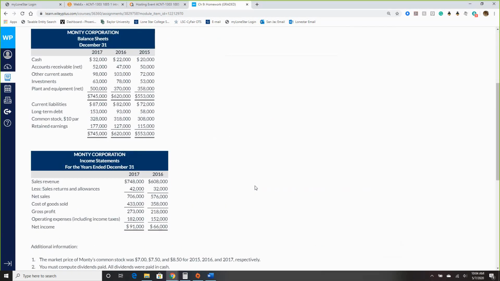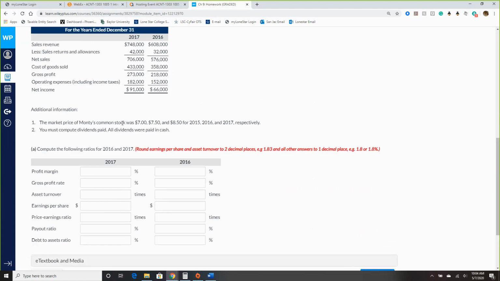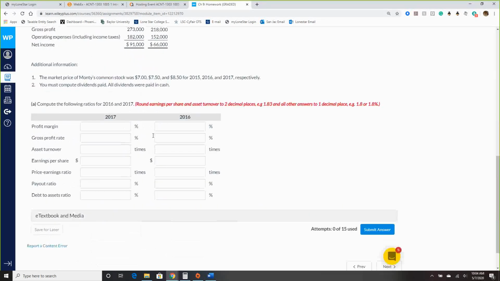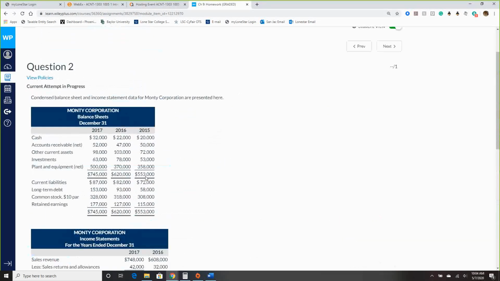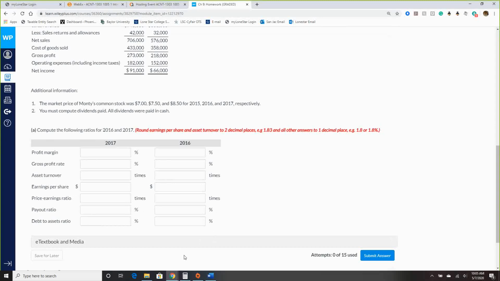Okay, let's see what's going on. First one we have is profit margin. It looks like we're doing 16 and 17. I'll tell you real quick that quite a few of them are probably going to focus on this balance sheet right here, since it's a 3-year comparative. So let's go look up those formulas again.